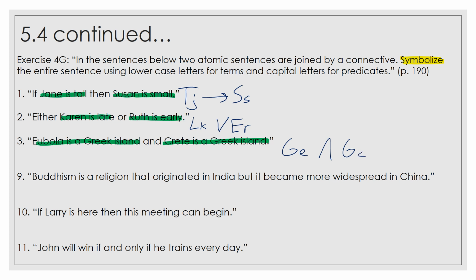Number 9, Buddhism is a religion that originated in India, but it became more widespread in China. The but, in this case, we have to interpret as an and. Wouldn't make sense to interpret as a conditional or a disjunction or an if and only if. So, and is how we have to interpret it.